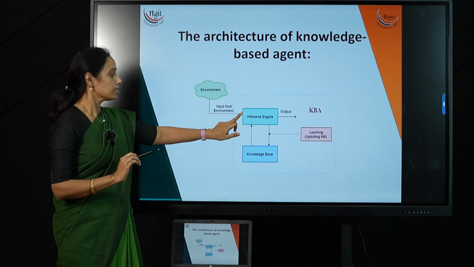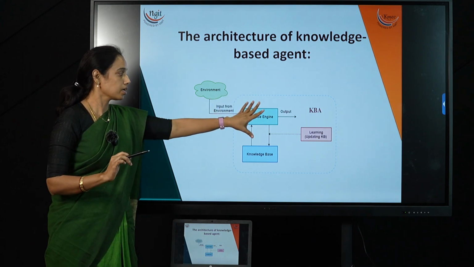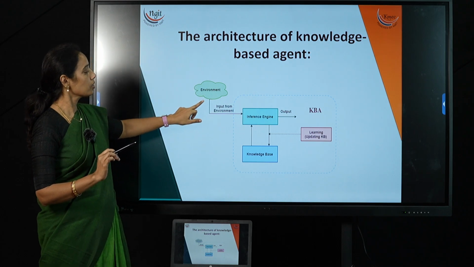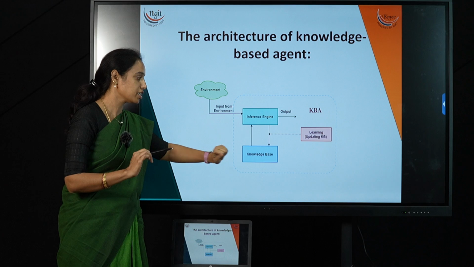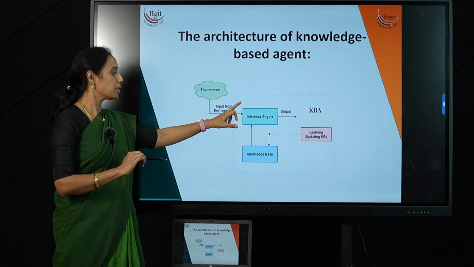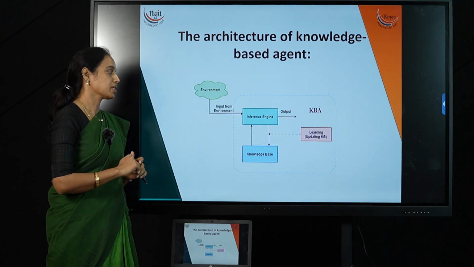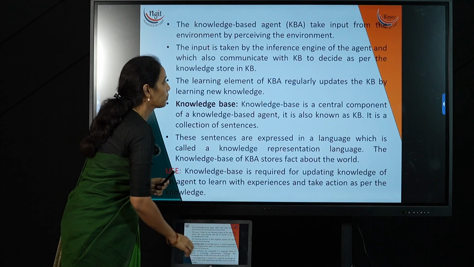Here the knowledge based agent perceives the information from the environment, and the inference engine shares the knowledge with the knowledge base, and whatever updations are needed are done in the knowledge base. So let us see this point by point.